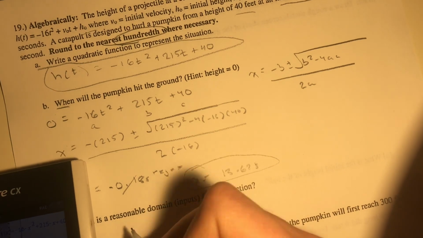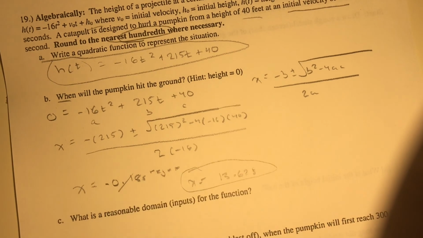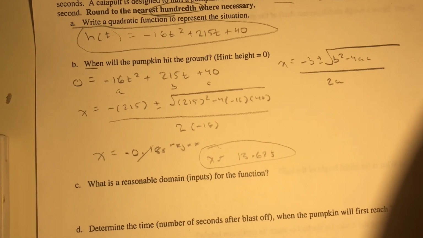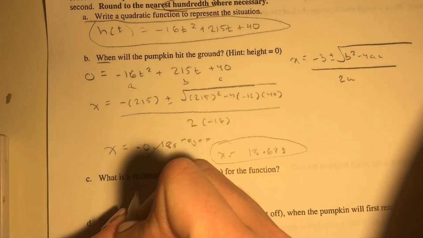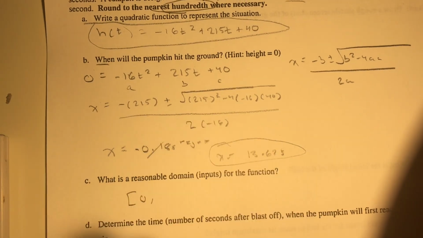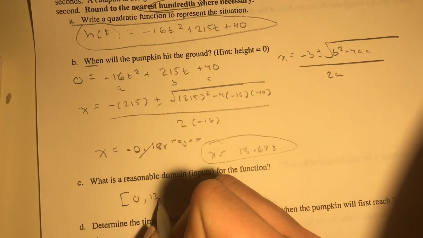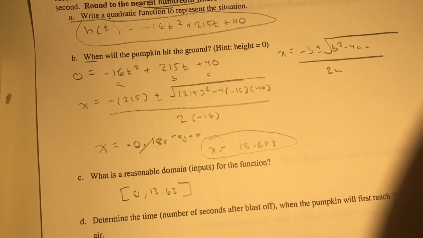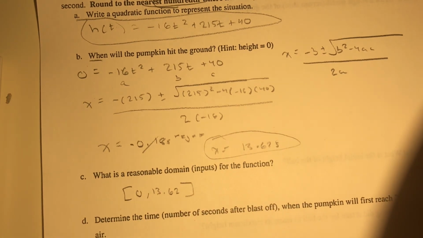Remember, oh, I'm sorry, it's only going to be the first quadrant. So the reasonable domain, there's no such thing as negative seconds. So it's going to start at 0 and go to 13.62. You actually don't really have to go back to your calculator. I don't know why I did that.